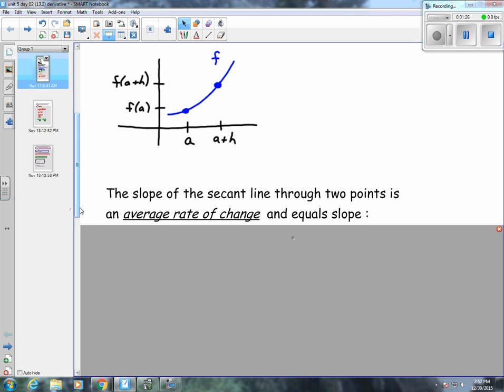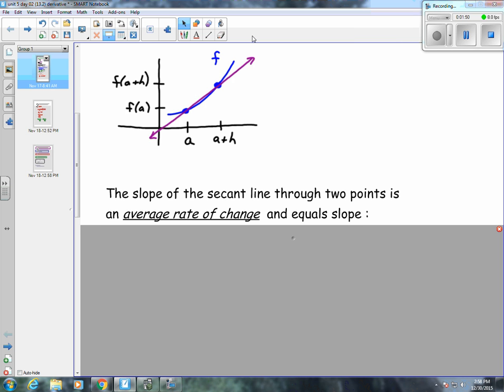The slope of the secant line through those 2 points is an average rate of change. So let me draw a secant line through those. That's a secant line, and that's an average rate of change when we figure out the slope of that line.